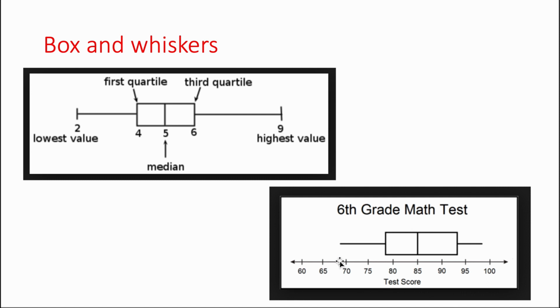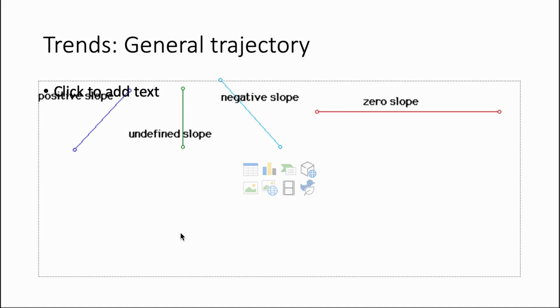All this information is held within a single box and whisker. We have the lowest value, we have the highest value, we have a median, the first quartile and the third quartile. So I'm going to get to a box and whisker graph in today's lecture, and you'll fully understand it after I use the example in this lecture.